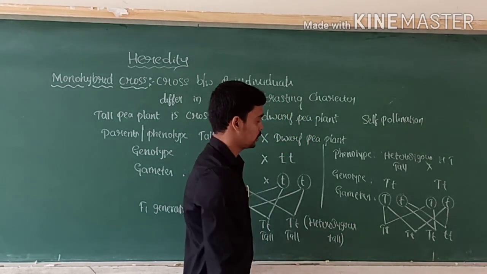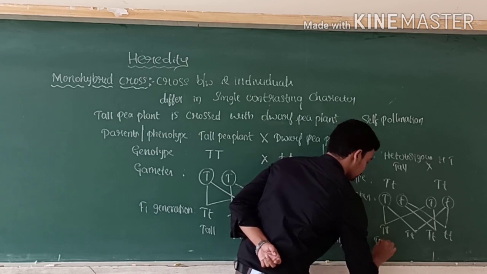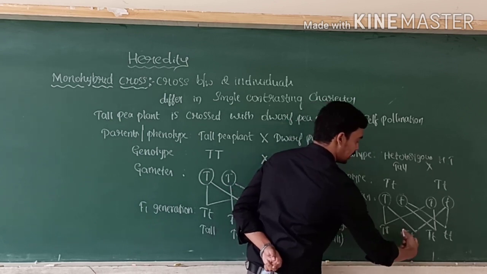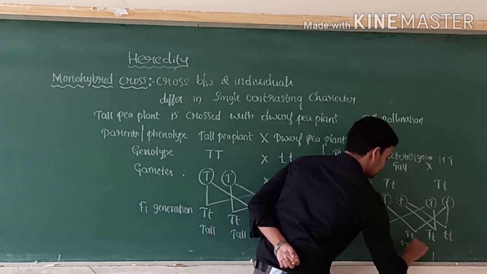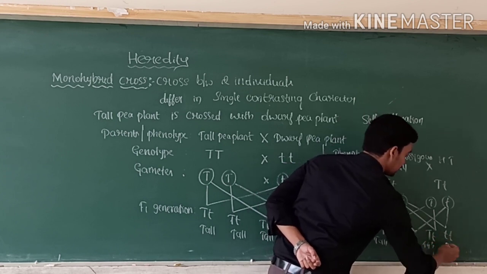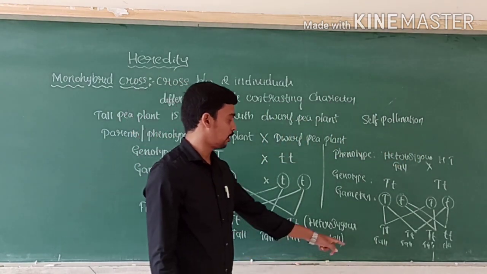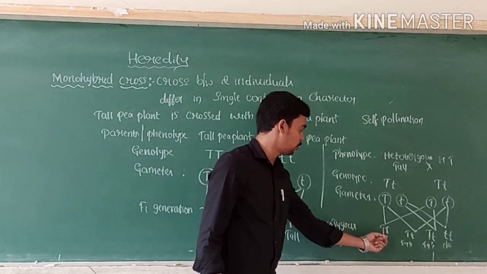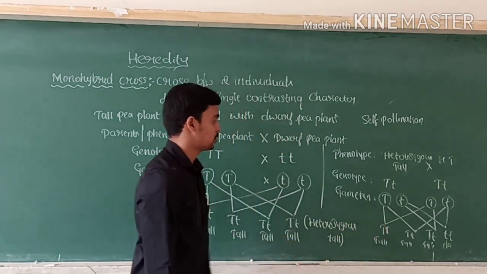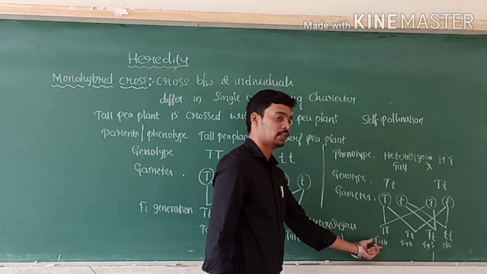F2 generation. Here capital T and capital T, tall, and here capital T and small t, it is also tall. Capital T and small t, tall, and small t, small t is dwarf. Okay, these are the progenies which occur in the F2 generation. Okay, let's take the ratios of the F2 generation.